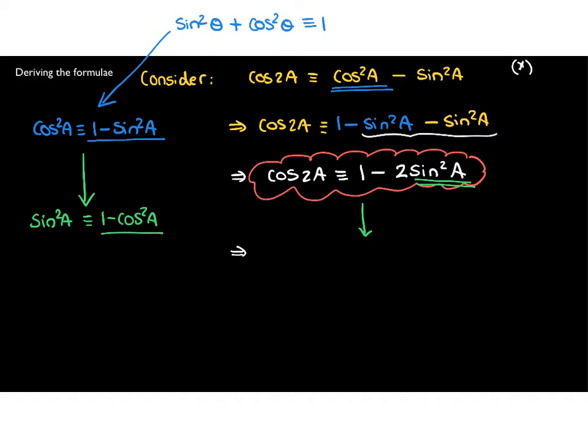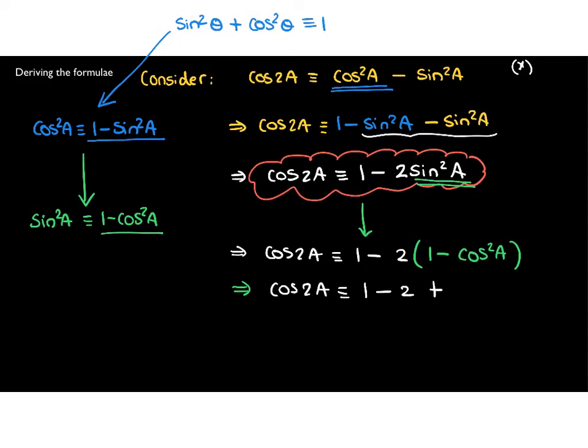So this then gives me cos 2A is equivalent to 1 minus 2 brackets, and instead of sine squared A, I'm going to put in 1 minus cos squared A. What does this then give me? Cos 2A is equivalent to 1 minus 2 plus 2 cos squared A, expanding the bracket, and this then leads to the third form of the double angle identity for cos 2A, which is 2 cos squared A minus 1.